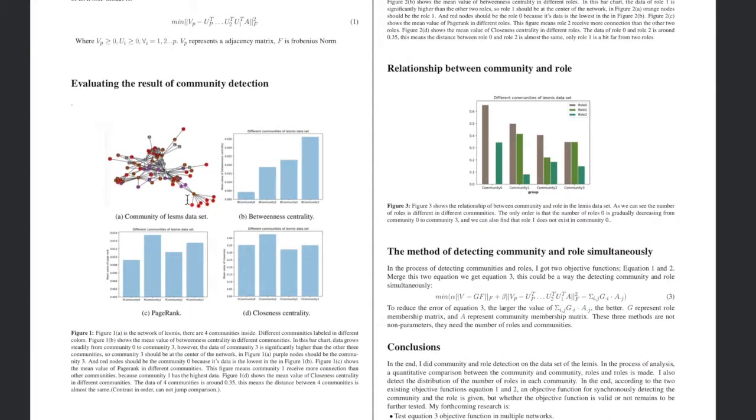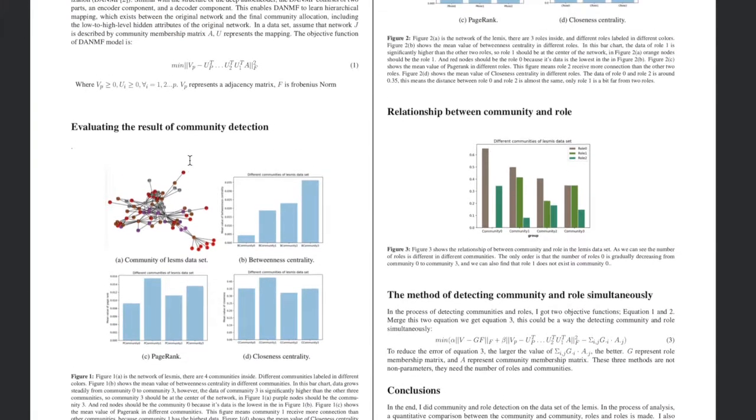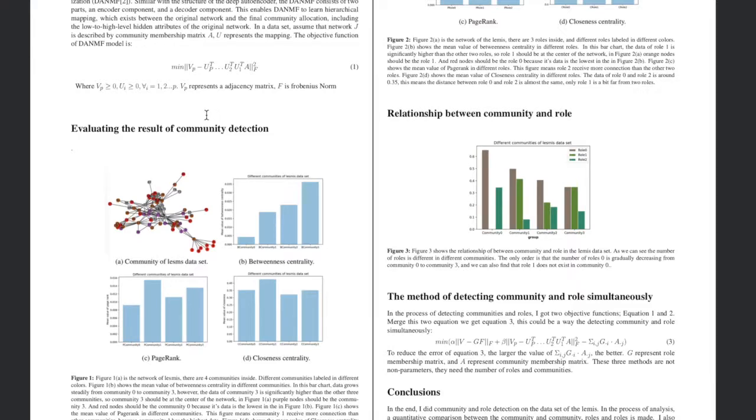In the end I input number 4 for the number of communities, so we have 4 communities. Image A shows the distribution of the communities in the LesMIS dataset. As we can see, different communities are labeled in different colors.